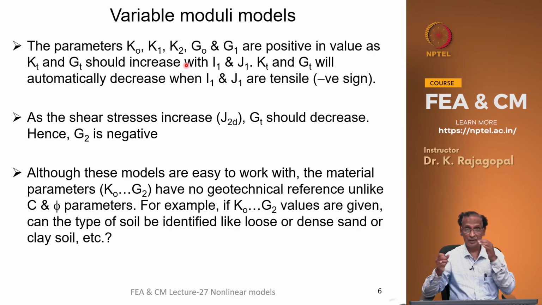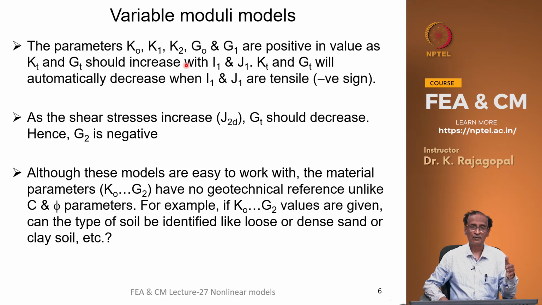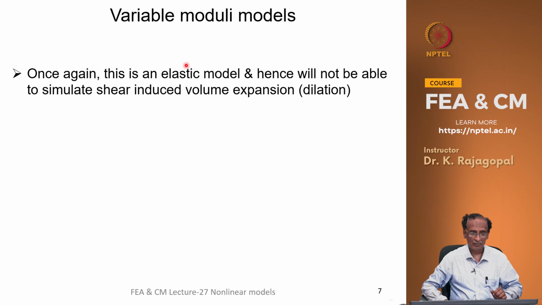These are obtained by regression analysis of the stress strain and volumetric strain curves, so if I give you the values of these parameters, you will not be able to tell whether the given soil is a loose sand, dense sand or a clayey soil or any other attributes of the soil. We cannot guess by looking at these parameters, and so that is one reason why, although they were developed, they have not become very popular in geotechnical engineering.